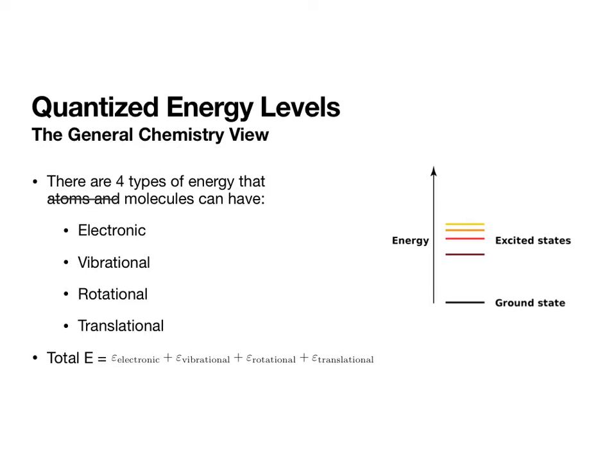There are 4 types of energy that molecules can have, ways that molecules store the energy. They can have electronic energy, vibrational energy, rotational energy, and translational energy. And the total energy in our molecule is just the sum of these 4 types of energy.